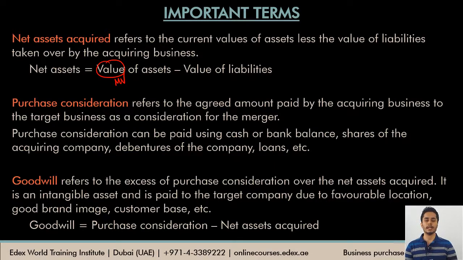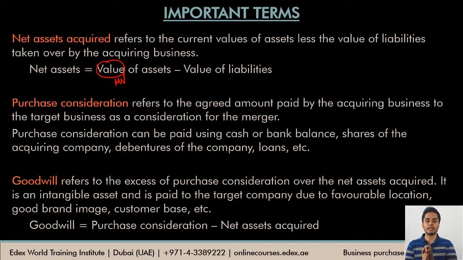Let's say the acquiring company is receiving net assets worth 100. A layman would pay a purchase consideration of 100 to the target company. But at times, the acquiring company might decide to pay a higher amount over the net assets acquired, let's say 120 to the target company. Why?